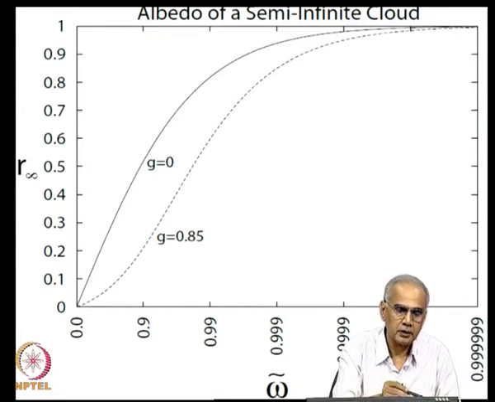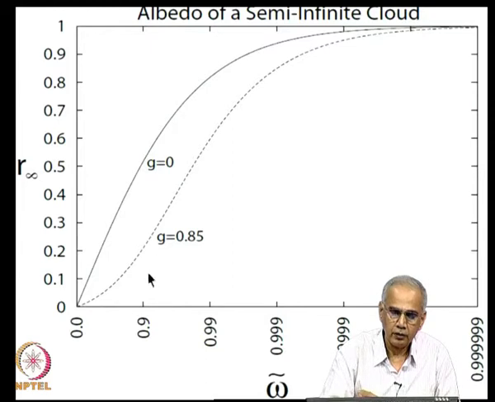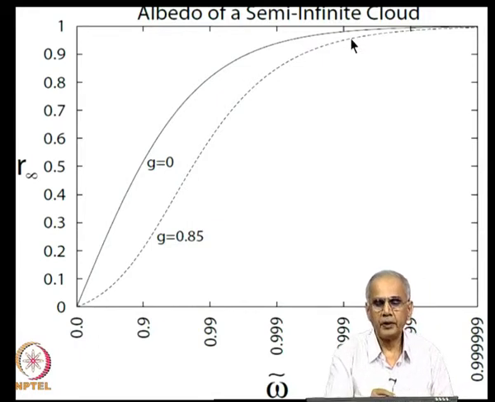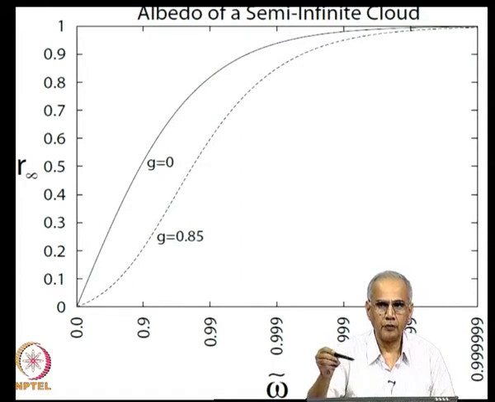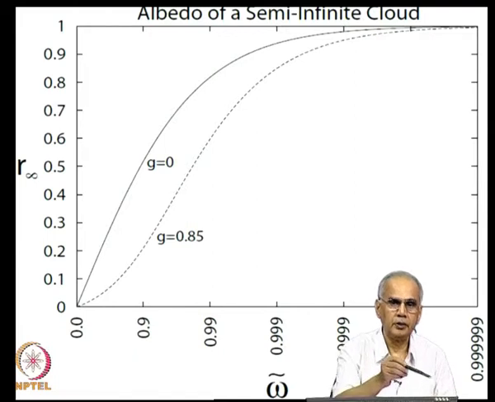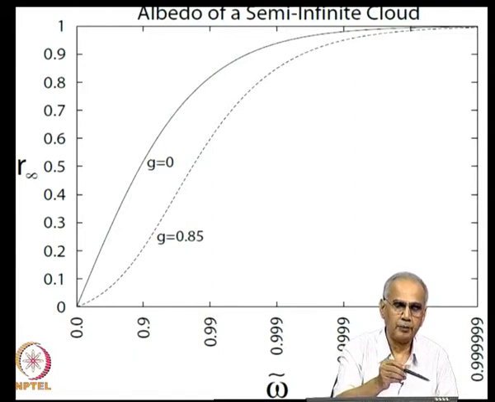If there is less backward scattering, the albedo of the cloud of particles will be less than for isotropic scattering all the way from 0 value of single scattering albedo to the higher values. But the basic shape of the curve is similar to the isotropic scattering, except that the amount is somewhat reduced because the scattering is not isotropic and more of the photons are being scattered in the forward direction, and hence less photons are available for reflection or backward scattering.